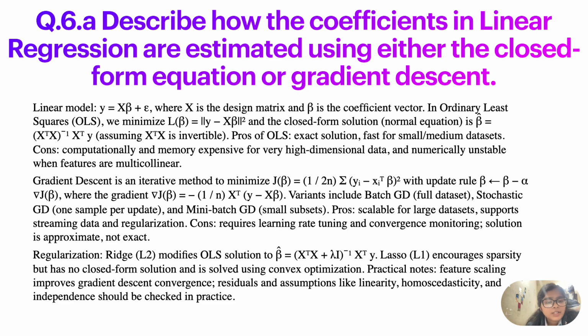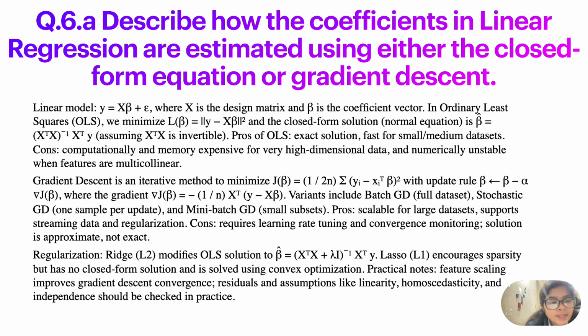So let's start. First, we have a linear model, which is y = Xβ + e, where X is the design matrix, β is the coefficient vector, e represents both reducible and irreducible error, and y is the output.